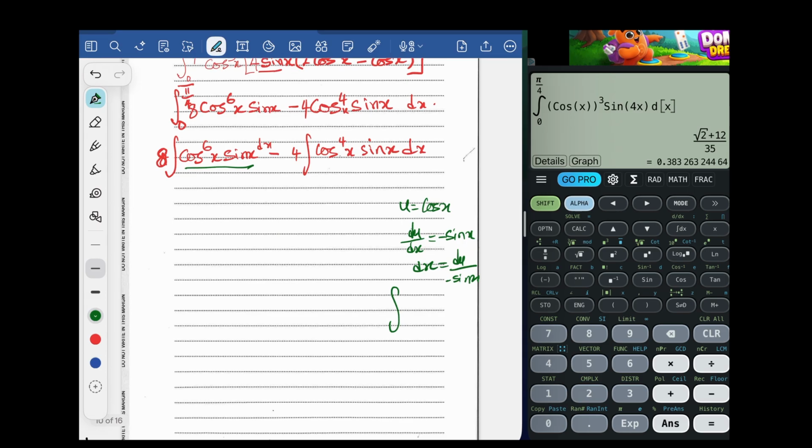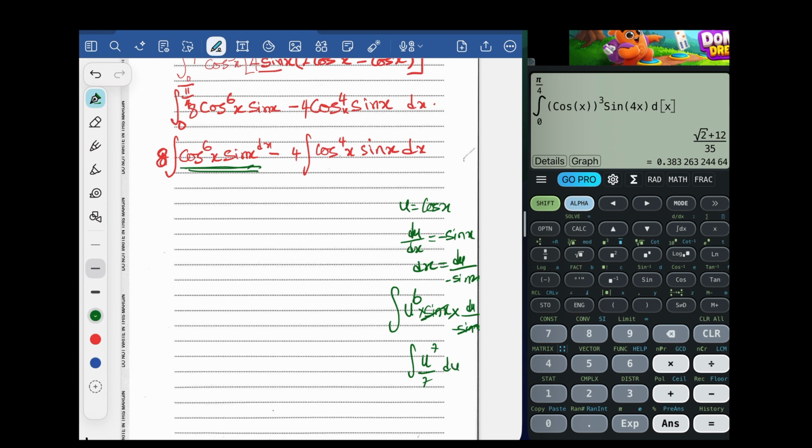It comes like u to the power of 6 times sine x times dx, and dx is du over minus sine x. So this cancels, and when I integrate, this will be u^7 over 7 du.